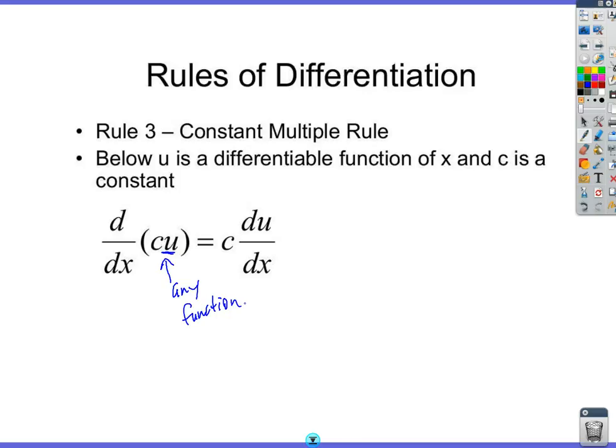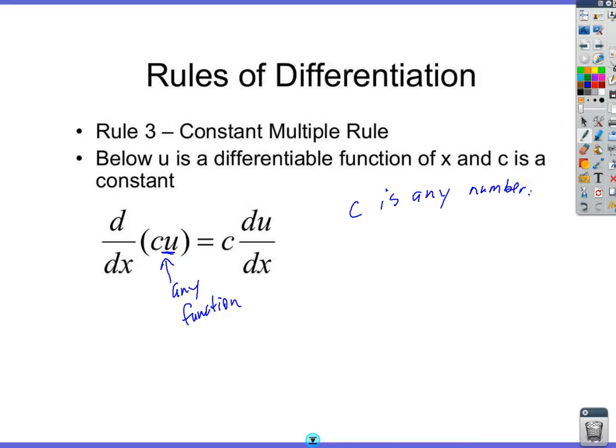So what is this saying? If I want the derivative, it's the derivative of the function, that's the u part right here, times that constant. I don't really do anything with the c, I just take the c and let it be and take the derivative of u.